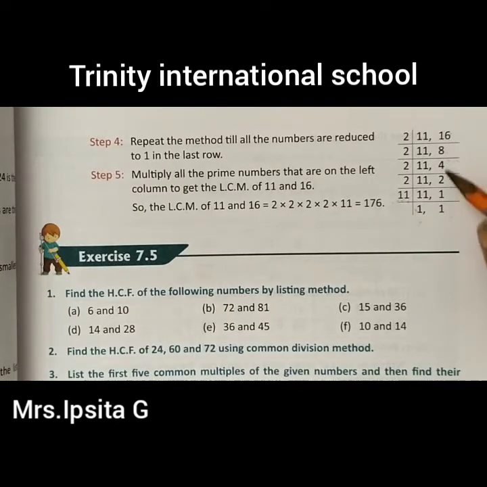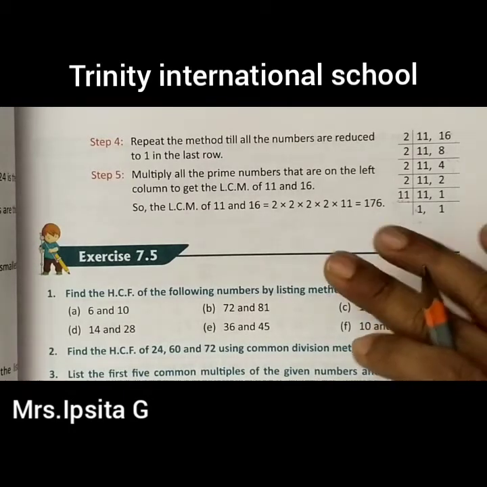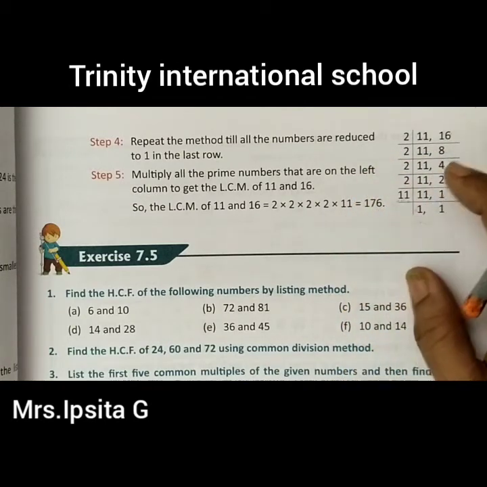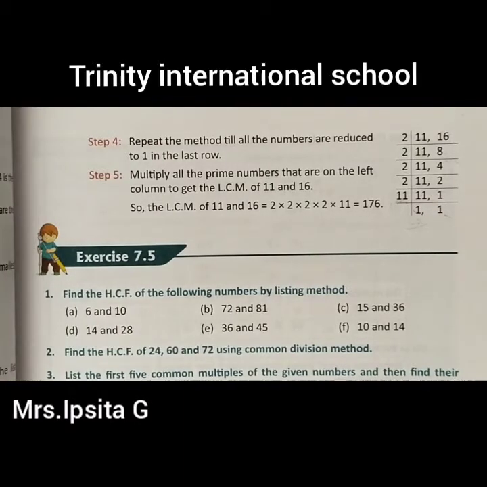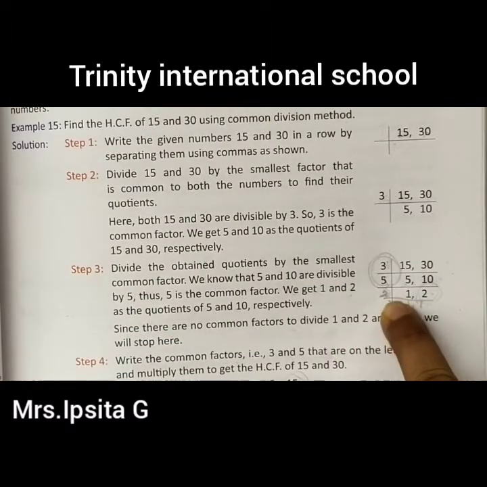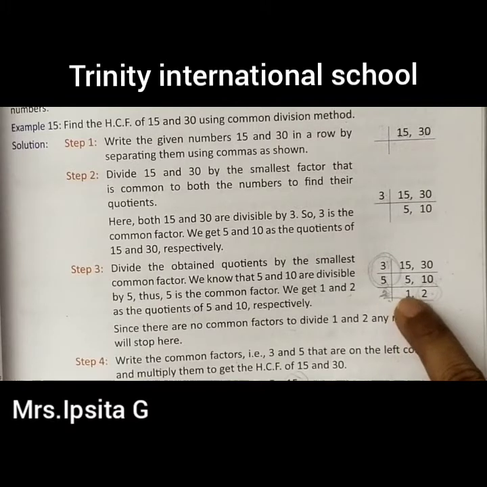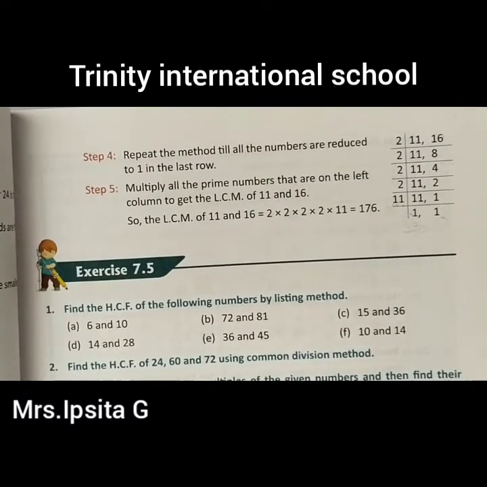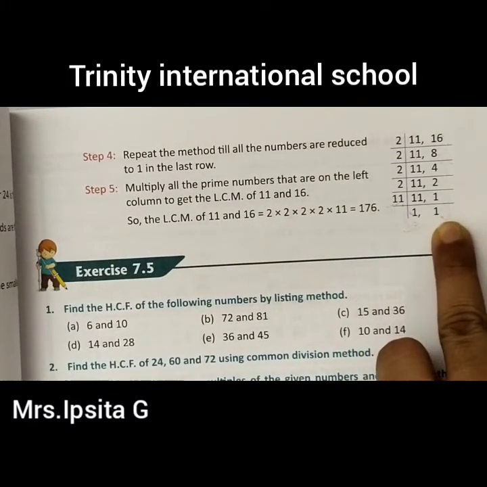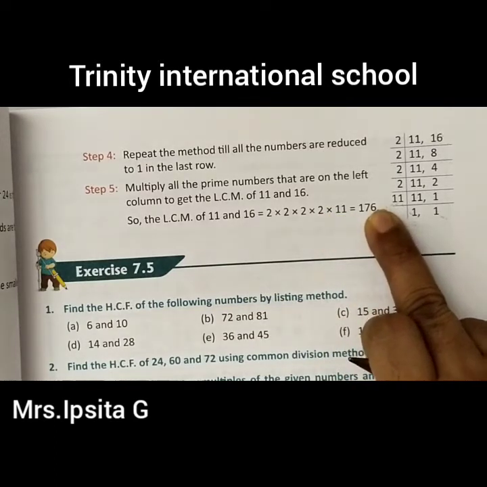So LCM में क्या करना है, LCM में आपने ये लास्ट में 1 and 1 लाना है आपको, ये आप ध्यान में रखिए. ठीक है, HCF में आपने 1 and 1 नहीं लाना है, आपने जो भी कॉमन फैक्टर्स हैं वो लाना है. बट यहाँ पर LCM में आपको ये 1 and 1 लाना ज़रूरी है. ये मैंने आपको बताया था. ठीक है, तो आप यहाँ पर देख सकते हैं यहाँ पे 1 1 नहीं है, तो सिर्फ यहाँ पे कॉमन फैक्टर्स को आपको लिखना है. बट यहाँ देखिए यहाँ आपको 1 1 लाना है, and your LCM will be all the numbers that have to be multiplied and the product is your LCM.